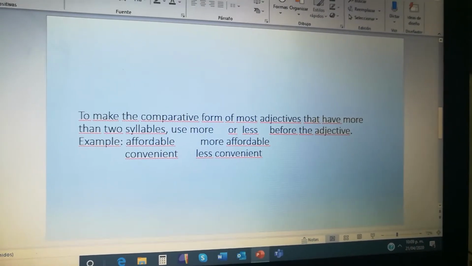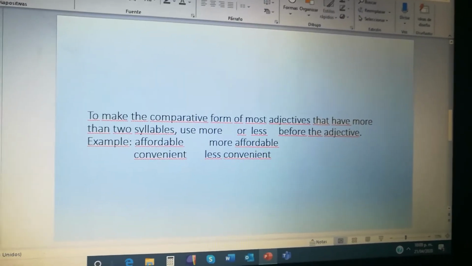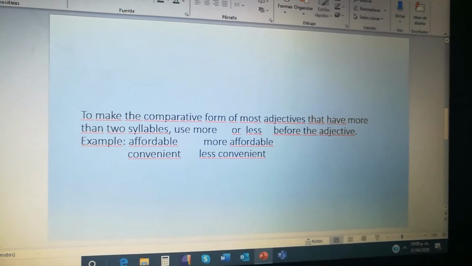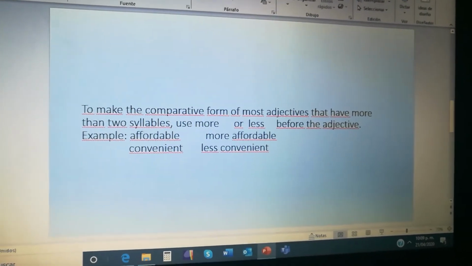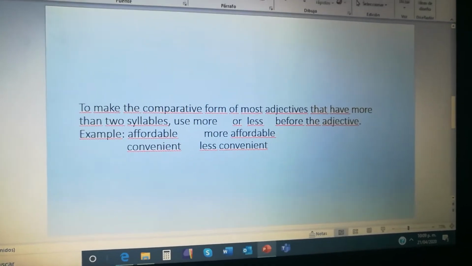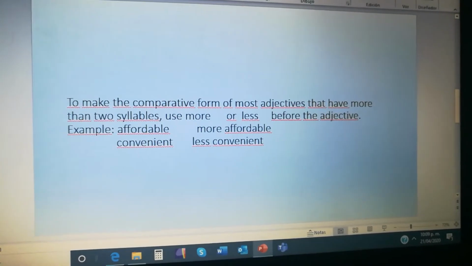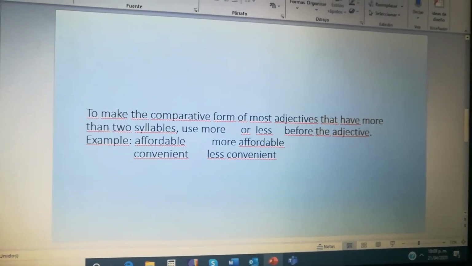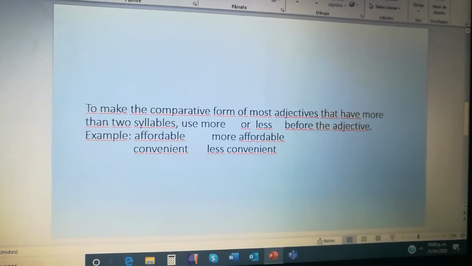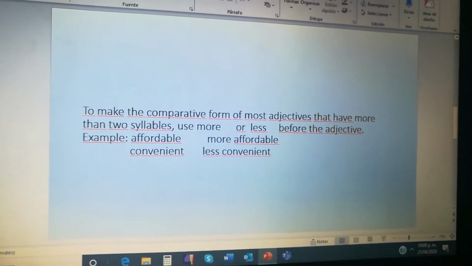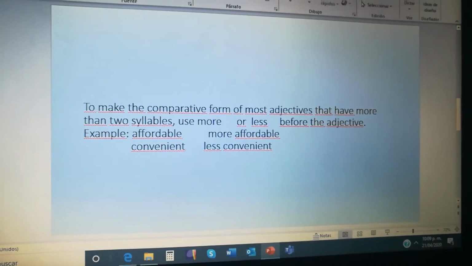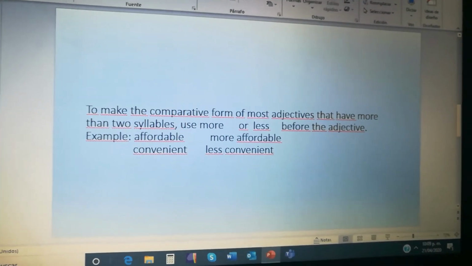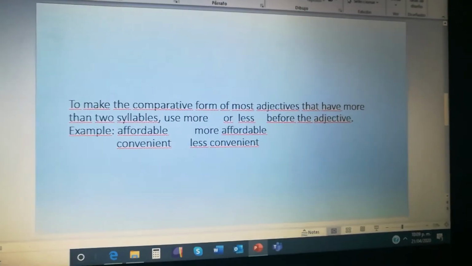So you don't need to add -er; only put more or less before the adjective. For example, more affordable. Convenient is a long adjective too: more convenient or less convenient. Okay? Affordable: more affordable or less affordable.